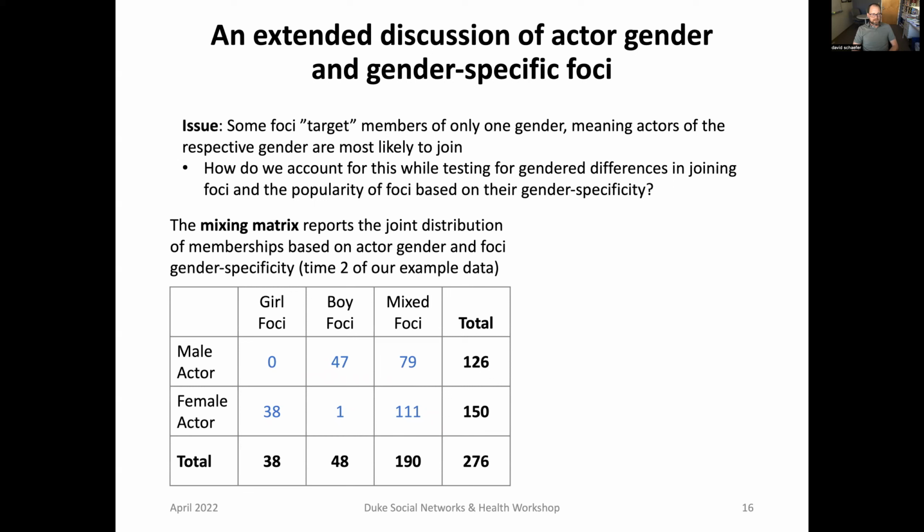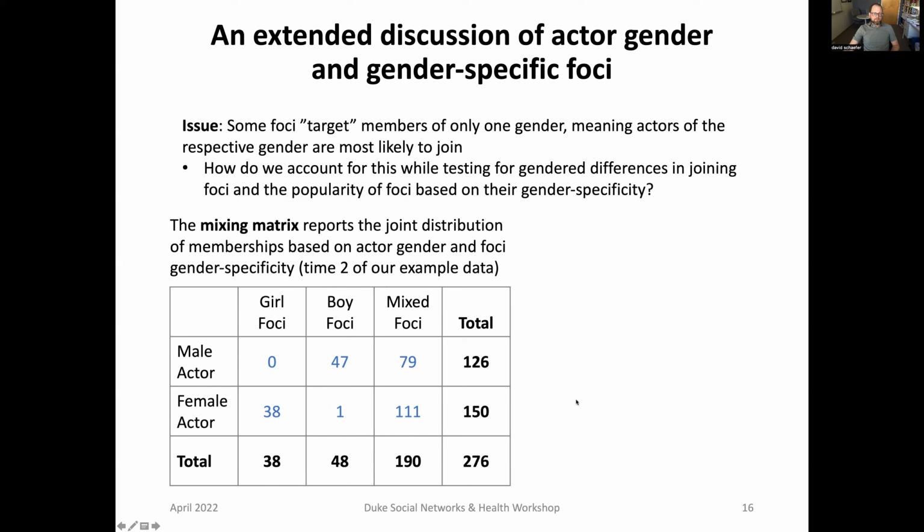All right, so here's actually our mixing matrix. We have actor gender as the rows and the foci gender specificity as the columns. In this set, we don't have any males in girl foci, but we do have one girl within a boy foci. And then we have mixed foci that draw from both genders.